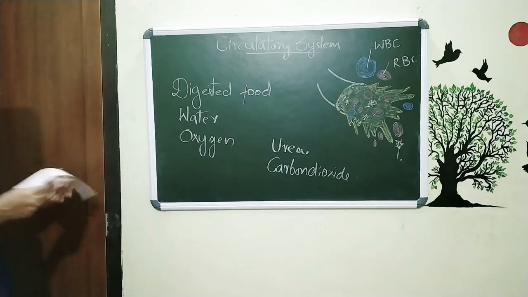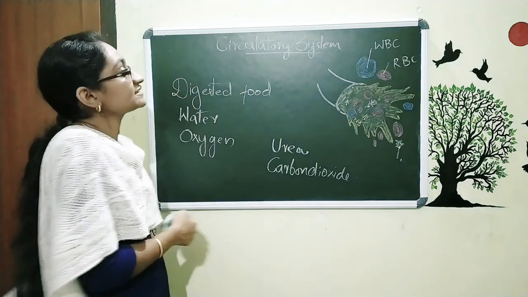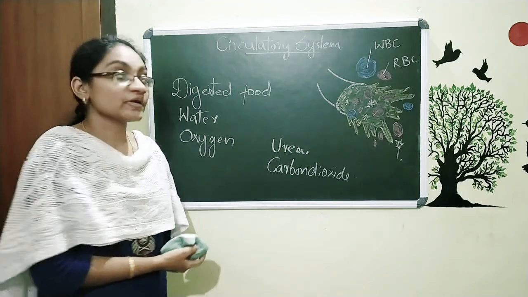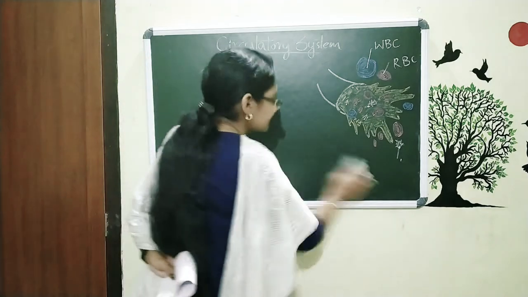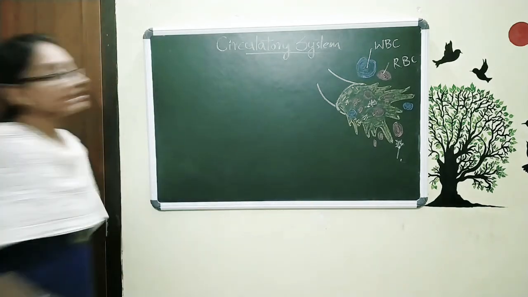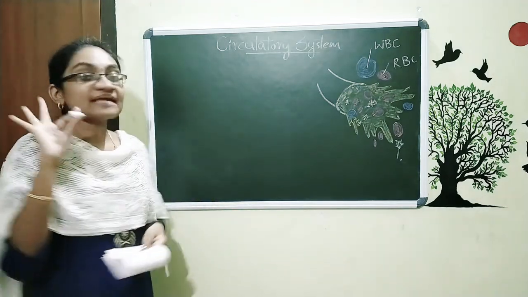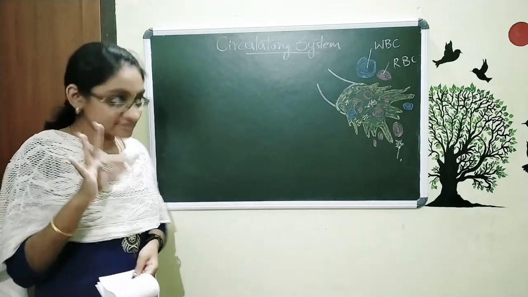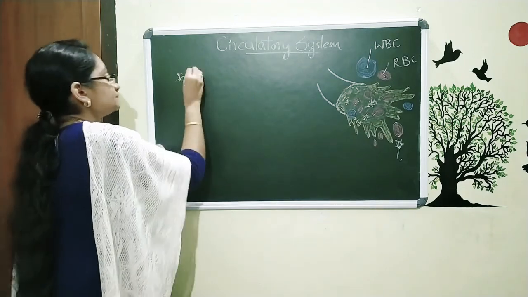Now the question is, what are the things that are involved in the circulatory system of a human body? We are talking about the human body, and which are the parts that are included in our circulatory system. Basically, we can say that there are three things in our circulatory system.